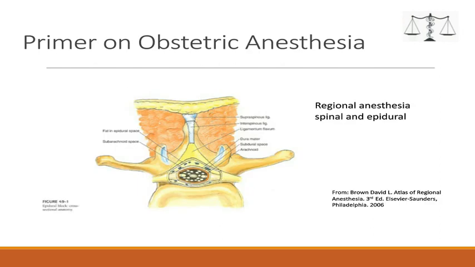Now, a little bit of anatomy, so that I can explain regional anesthesia better. This is a cross-section of the lower back. And if you see the dark circle in the middle with little dots in it, it represents the spinal sac.